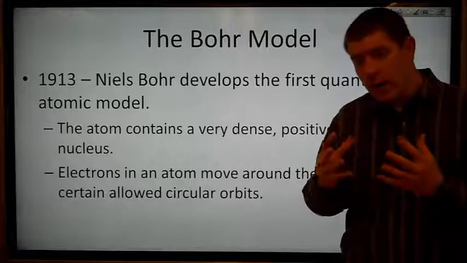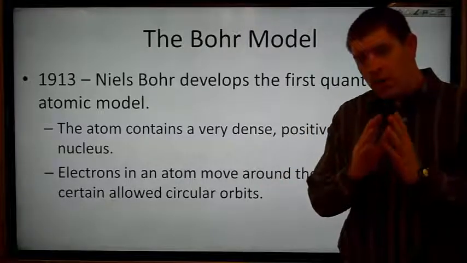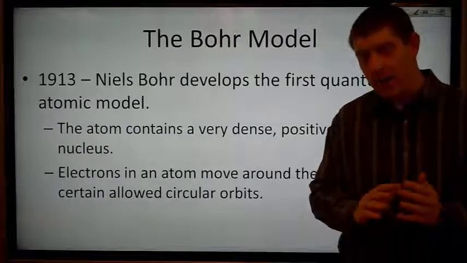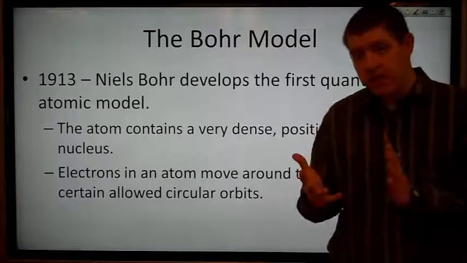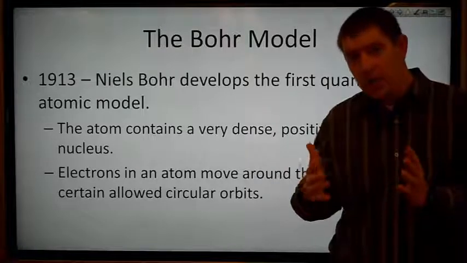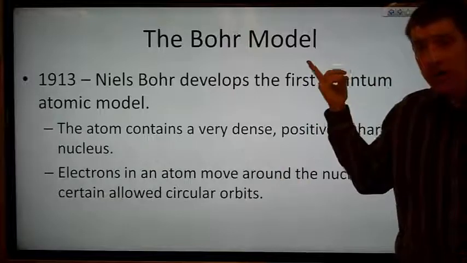We only see certain energies that are allowed to be emitted, which means that only certain energies must be allowed for the electron to have. Because to change from one energy to another, it's got to emit that difference in energy. And so, if we only see certain energies being emitted, then only certain energies can be allowed. So this is where the Bohr model of the atom comes in.